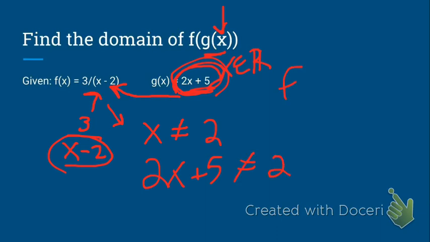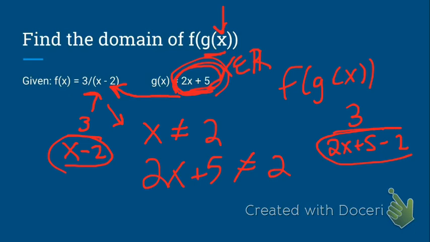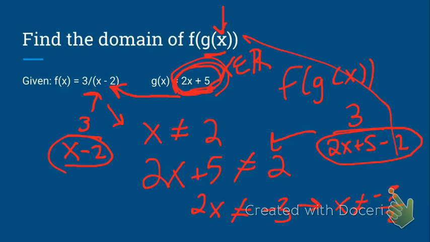Again, f of g of x is really just 3 over 2x plus 5 minus 2, so we have to make sure this doesn't equal 0, which is the same thing as solving 2x plus 5 can't equal 2. So you subtract 5 and you get 2x cannot equal negative 3, and then x cannot equal negative 3 over 2. If you plug that in here, you would have a domain restriction.